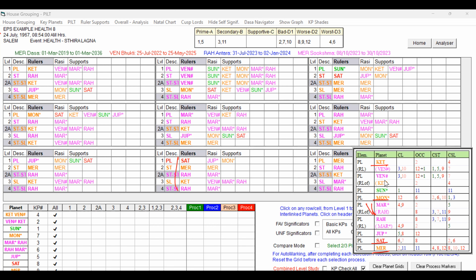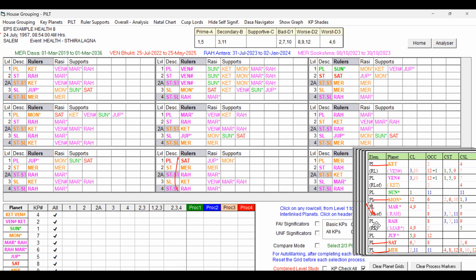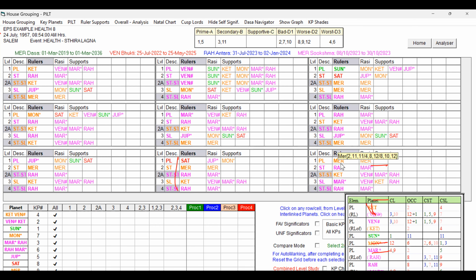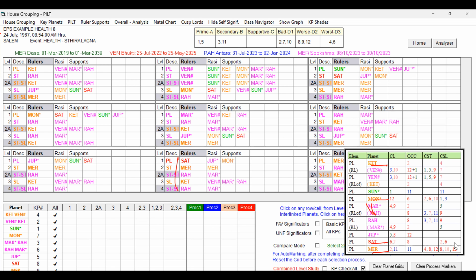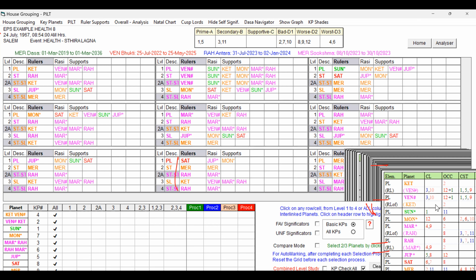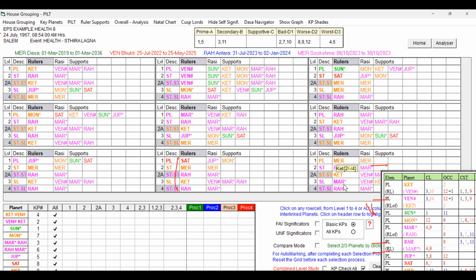For example, in the destiny for the longevity, 8th cuspal sublord is Mercury. That itself is strongly unfavorable, because that is an unfavorable strong key planet for the longevity. Mercury itself. Mercury in the star of Rahu, 12 level is Ketu, and sub level is Mars Badhaga. They are all indicating trouble to the longevity. In the longevity, which are the unfavorable key planets?